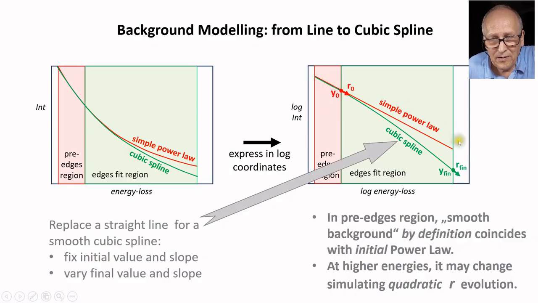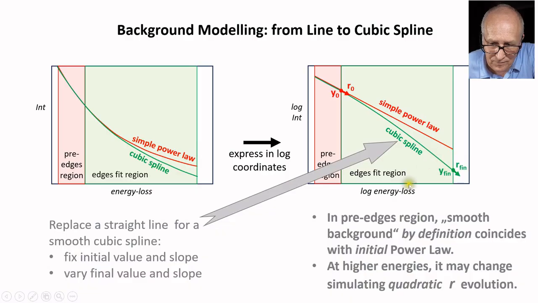But if we come to the end of the fitting region, it might deviate. So we get two new additional fitting parameters: the value of the spline at the end of the region and the exponent parameter at the end of the fitting region.